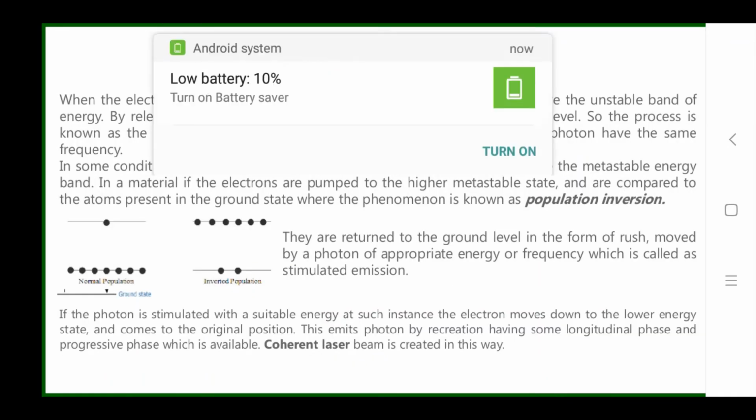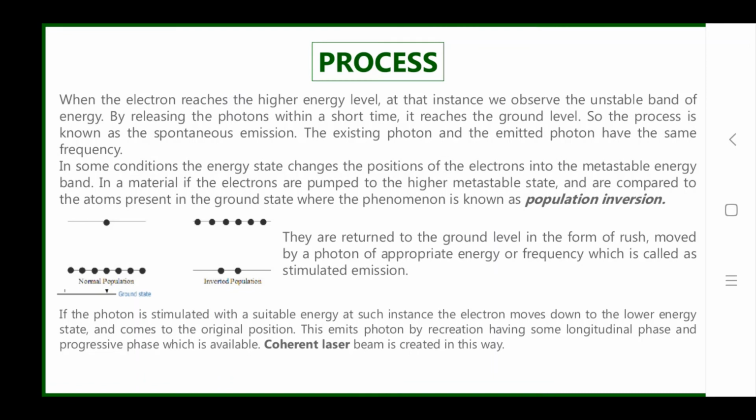And when the electron reaches the high energy level, at that instant we observe an unstable band of energy. By releasing the photons within a short time, it reaches the ground level. This process is known as spontaneous emission. The existing photon and the emitted photon have the same frequency.